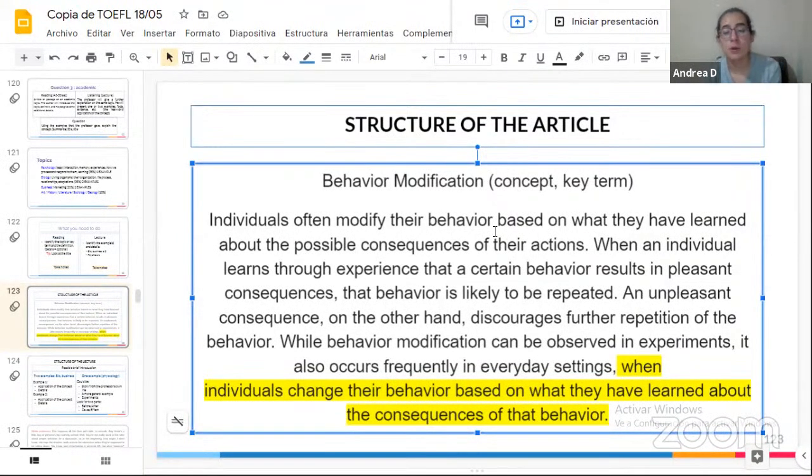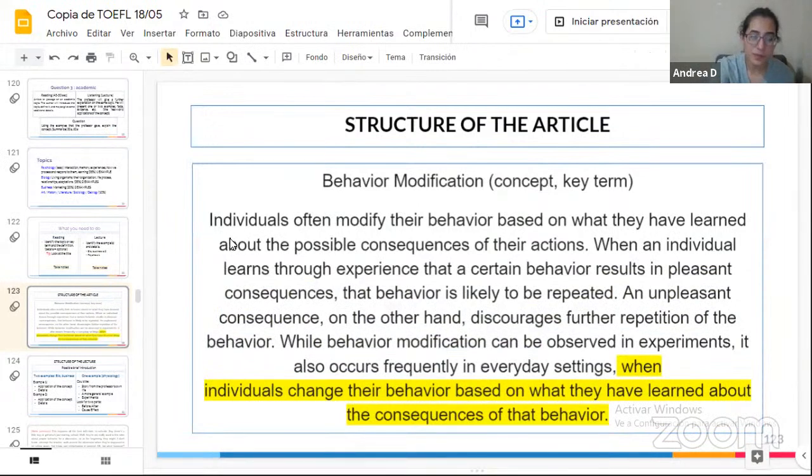So sometimes it's going to be more direct, but sometimes you're just going to have it everywhere in the article. So just find one, maybe the shorter one, if you will, but that's it, okay? The details, whether we repeat the consequence if it's pleasant, or we don't repeat it if it's not pleasant, that's not important.